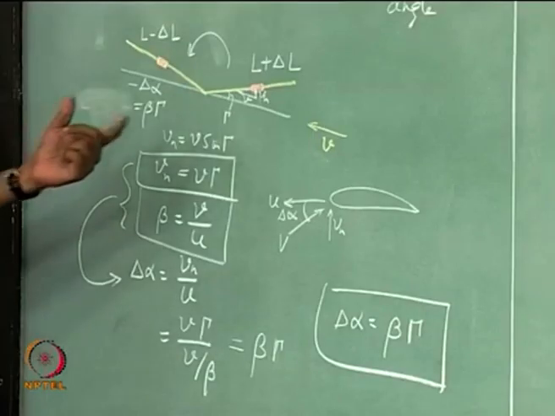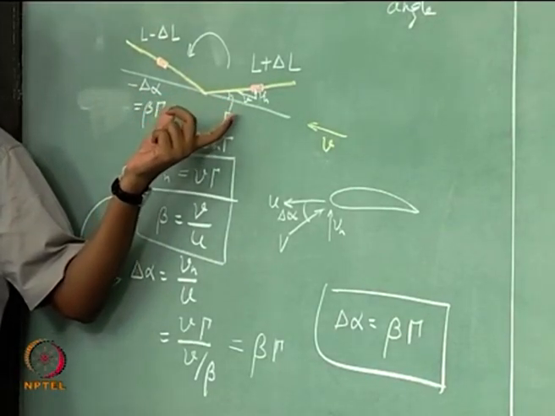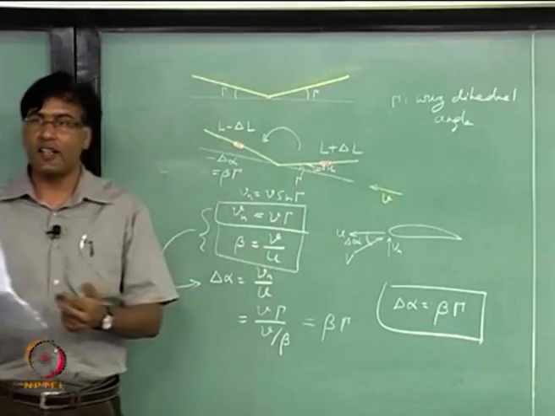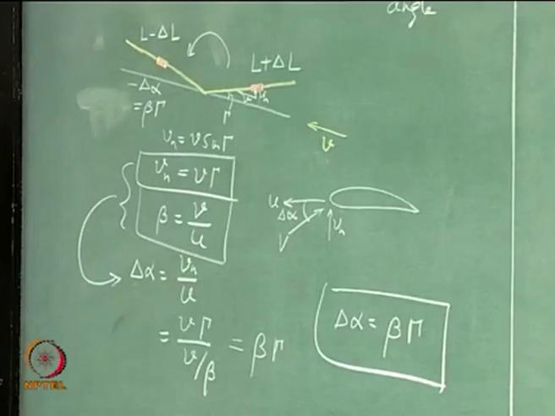Only when I have wing dihedral, and this is for positive dihedral. For negative dihedral we use a word called anhedral.